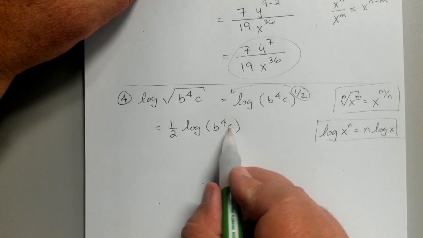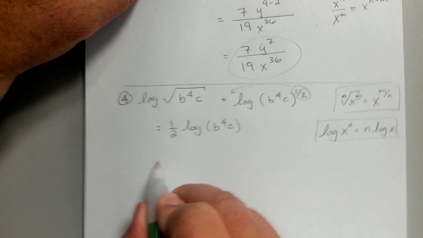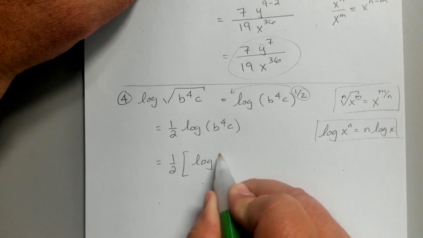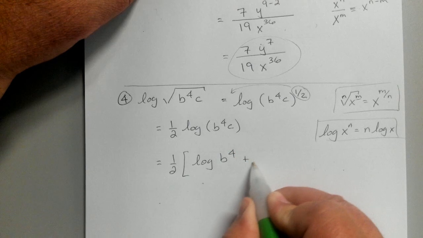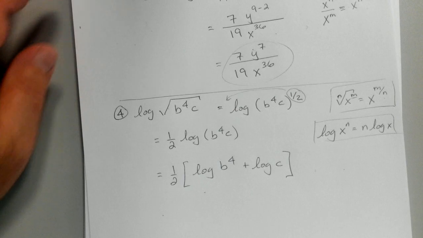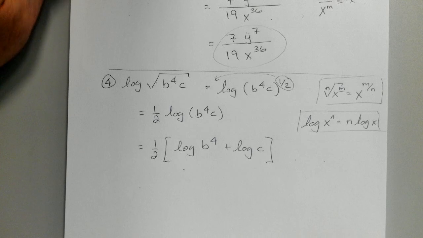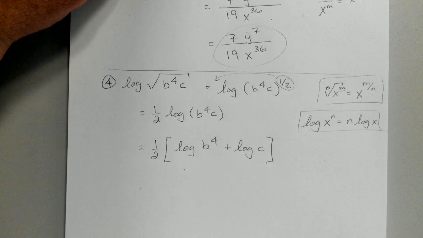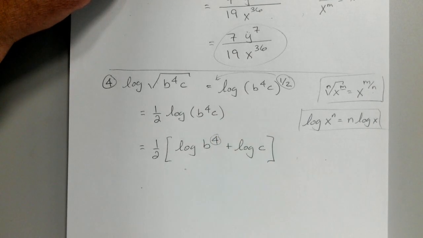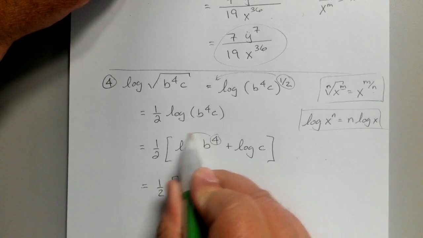What do we do with these? We have a product of 2 terms. The product of two terms becomes the sum of the two logs. Oh no, because we still have an exponent here. Yeah, I was gonna say bring it to the side. So it has to come in front.